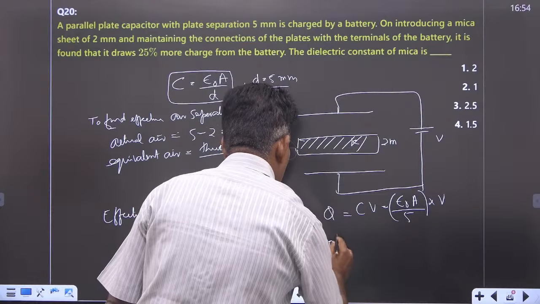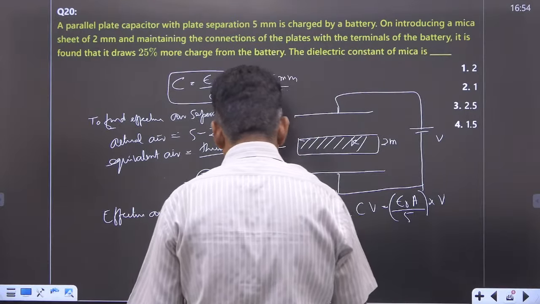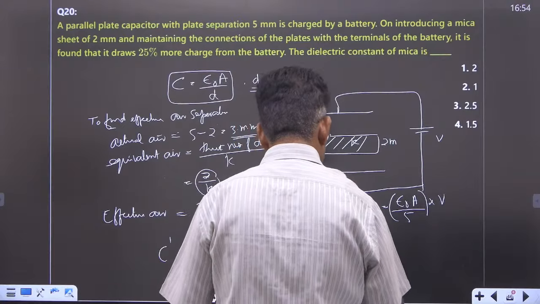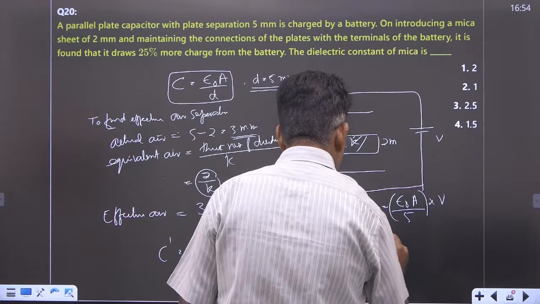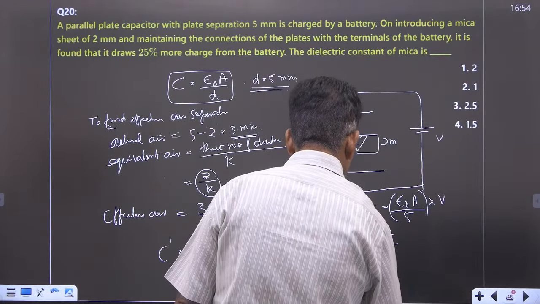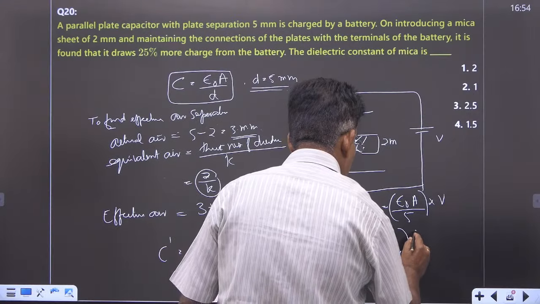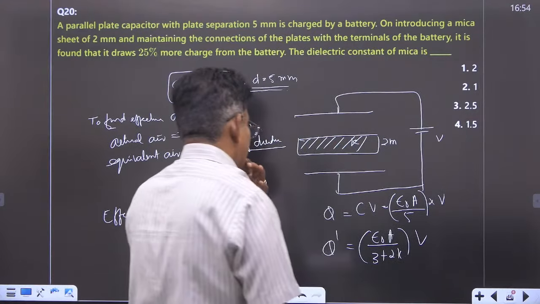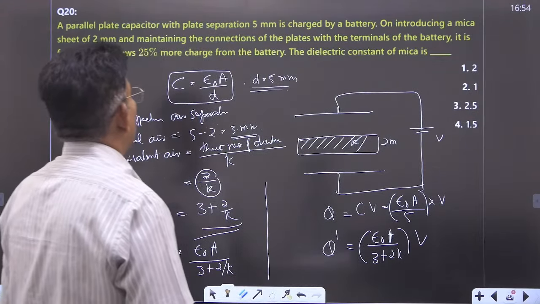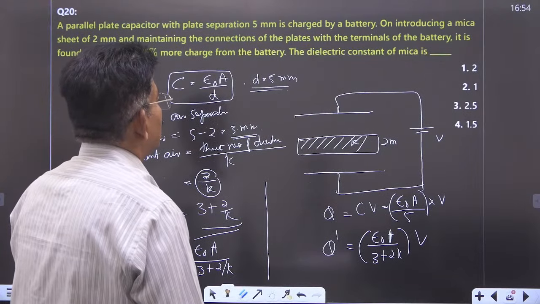Second case, Q dash will be how much? Epsilon 0 A by (3 plus 2 by K) into V. Then what happened?